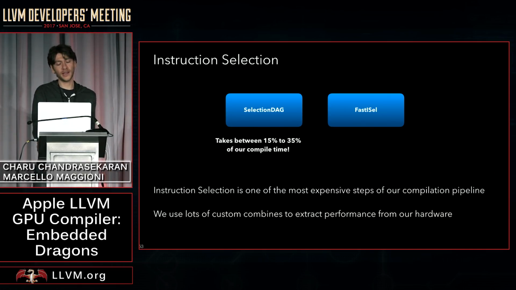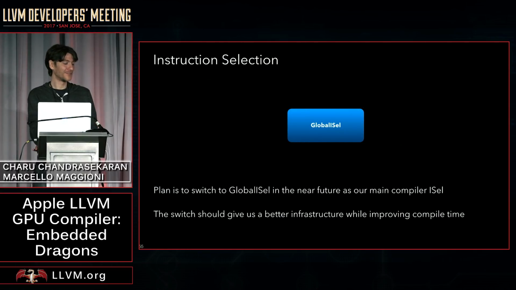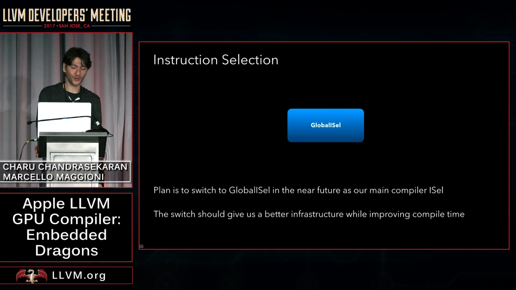And for devices that are less powerful, we have FastISel. FastISel helps us keep compile time in check, but managing a separate path is a pain, and moving all our optimizations into FastISel is a pain. So our plan in the very near future is to switch to GlobalISel, the new ISel for LLVM that our team is very, very invested in.